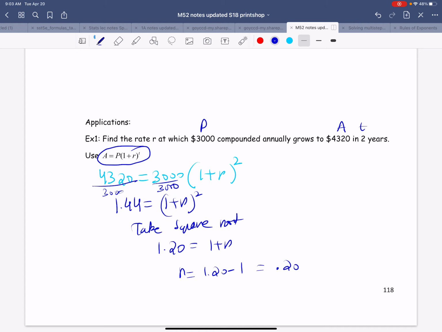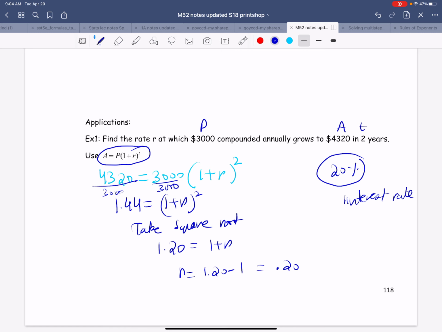And if you think about it in terms of percent, your interest rate has to be 20%. A 20% interest rate will change your $3,000 to 4320 in 2 years. Okay.